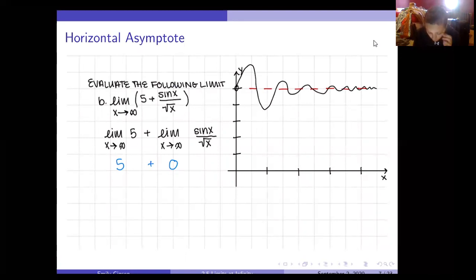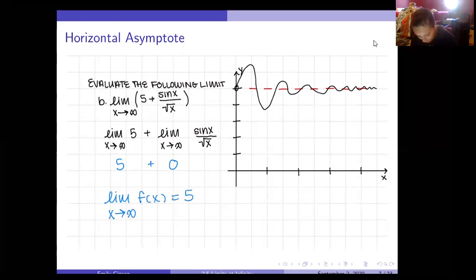As we go towards infinity, we're always going to have 5 plus something. So we're never going to get to 5, but we are going to get close to 5. So our limit as x approaches infinity of our function f of x is equal to 5.